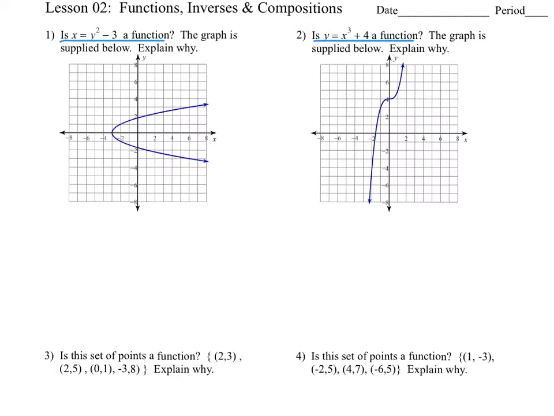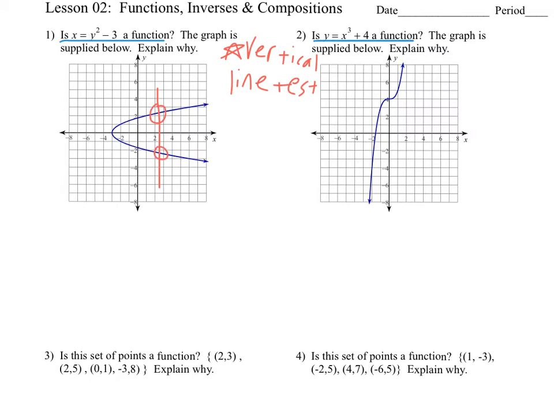And so the key to understanding whether or not something is a function is something you guys may have heard of before. It is called the vertical line test. And so that says that if a vertical line hits the graph more than once, then it is not a function. So you can draw a vertical line anywhere on this graph. If I draw it right here, you see that it hits the graph once, twice, the same vertical line.